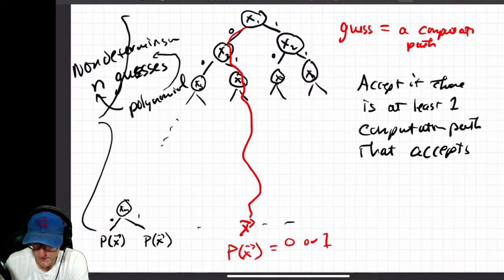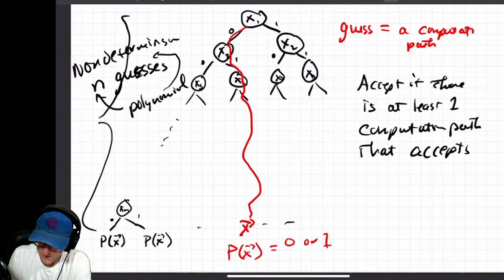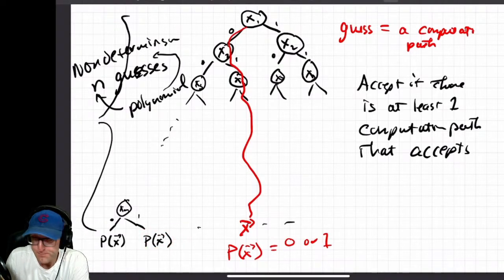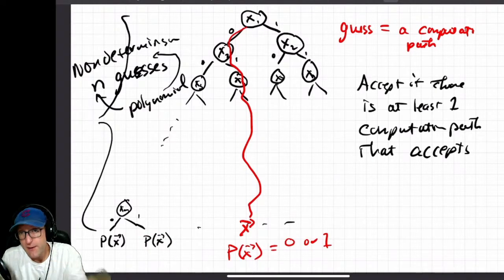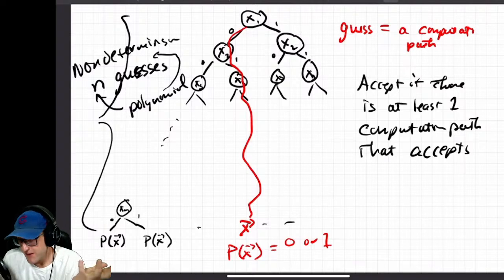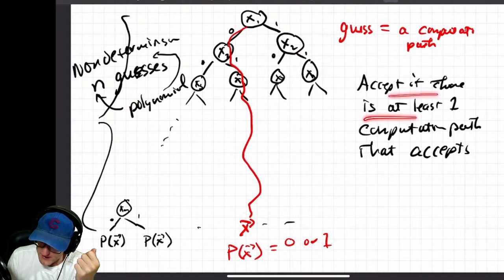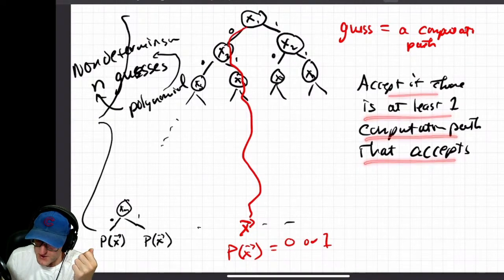Okay? The acceptance phase down here where you verify it is, of course, deterministic. Again, because you can take those zeros and ones, plug them into the predicate, and verify whether or not it evaluates to true or false. If I were to give you a truth assignment, then that's pretty straightforward. All you have to do is plug and chug, and you've got your answer. But the key here is it accepts if at least one computation path accepts.